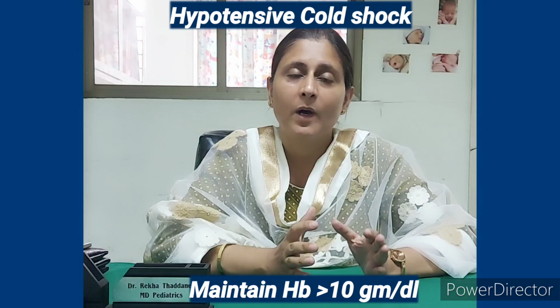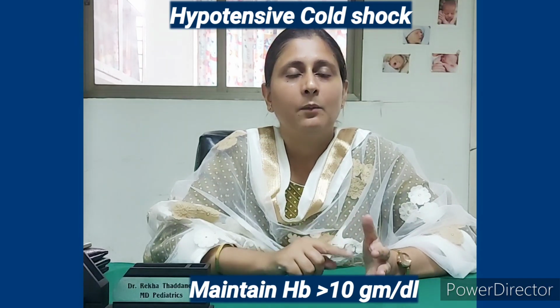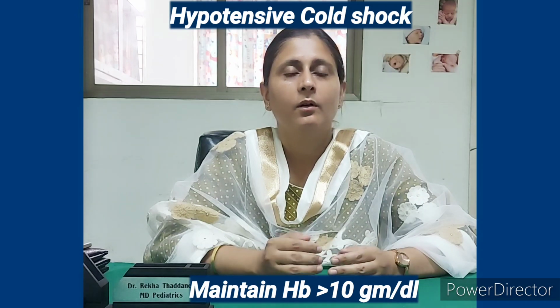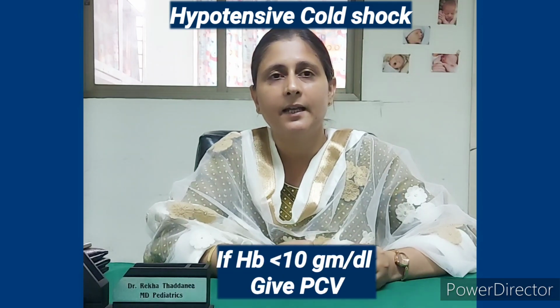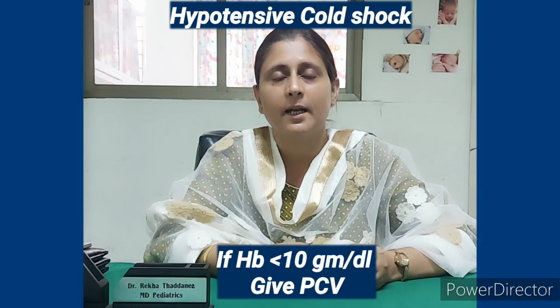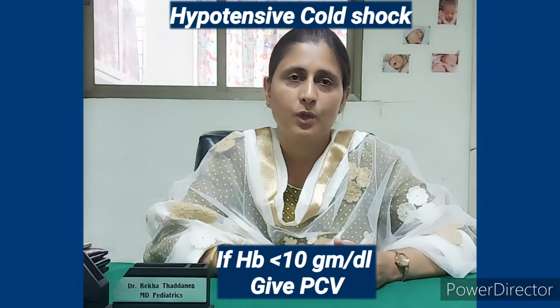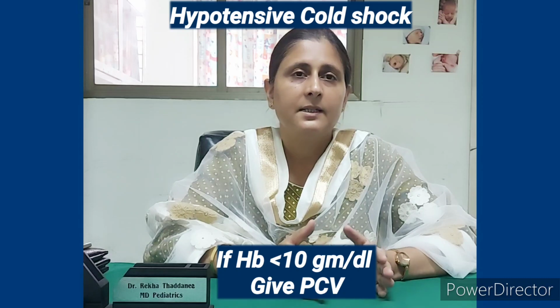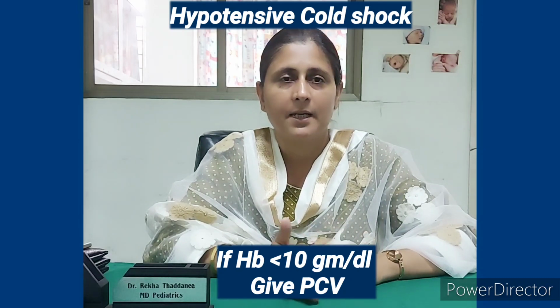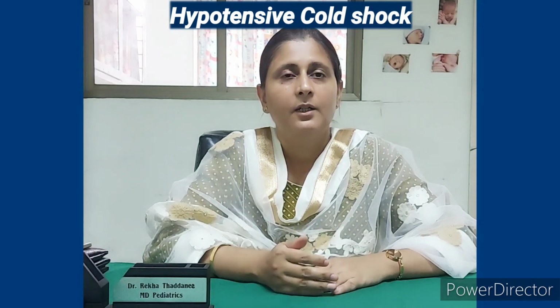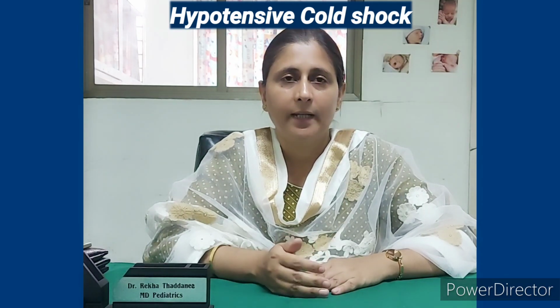Whenever the patient requires inotropes, hemoglobin should be maintained more than 10 gram per dL. So if the patient has less than 10 gram per dL and we are adding inotropes for the correction of shock, give packed cell volume also, at least 10 to 15 ml per kg over a period of 4 to 5 hours to maintain hemoglobin more than 10.